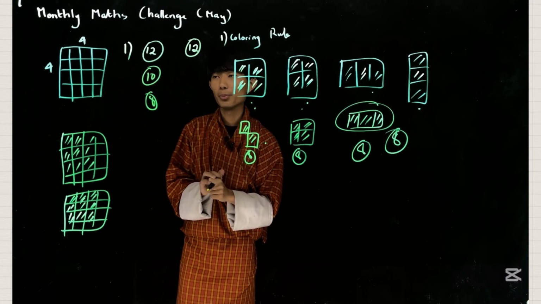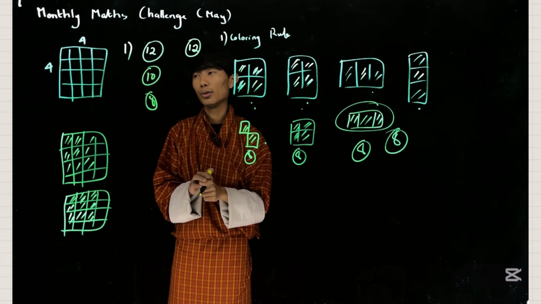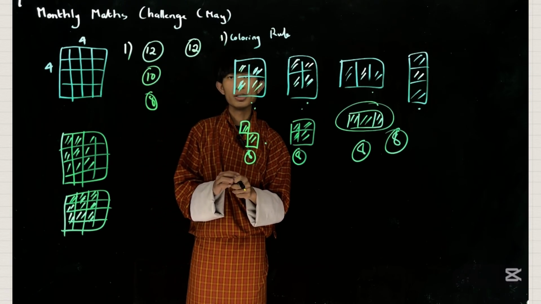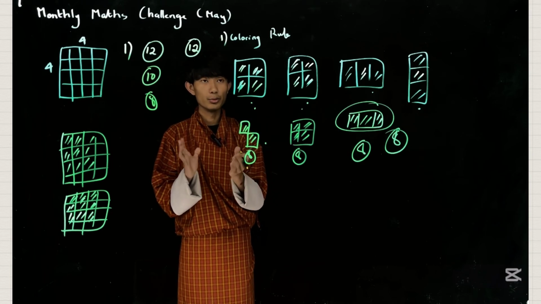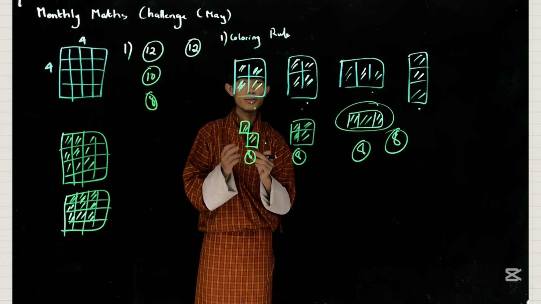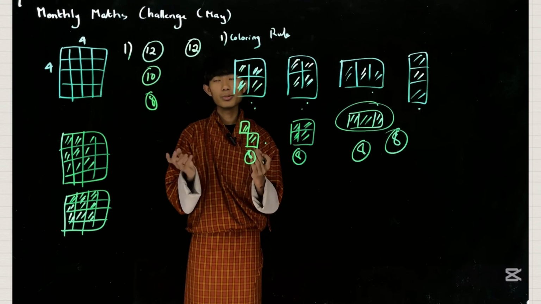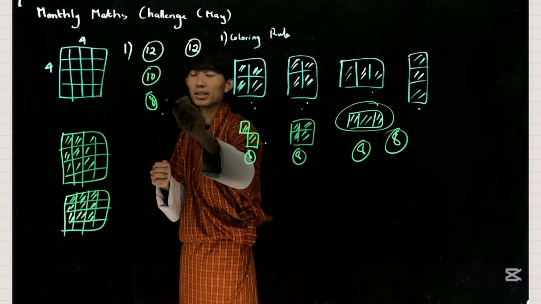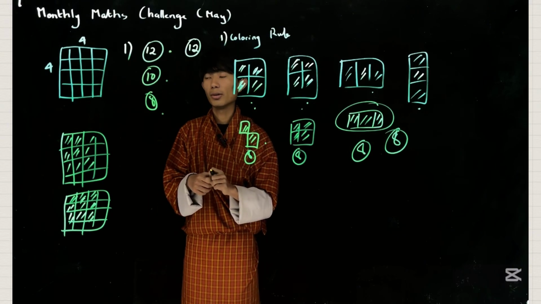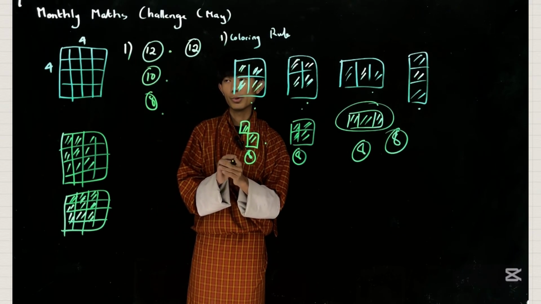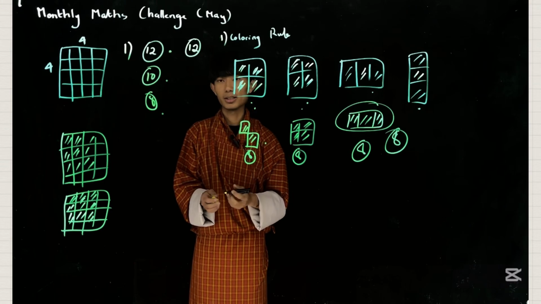Therefore, we have proved that we can't color the whole 4x4 grid, because the coloring rule preserves an invariance, that is the perimeter. And since we can only start off with the perimeters 8, 10, and 12, we can never fully color the whole 4x4 grid, because it has a perimeter of 16.